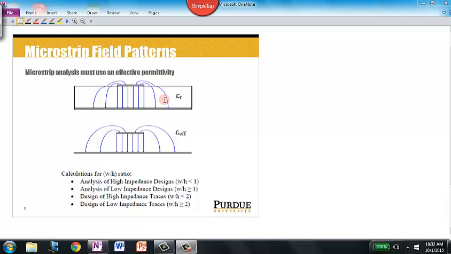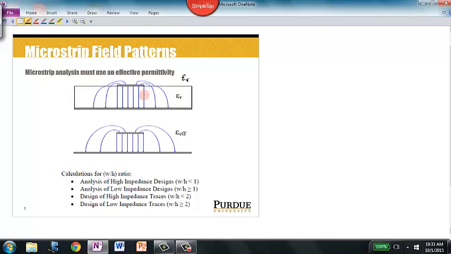This inhomogeneous dielectric means that the EM waves propagating in a microstrip transmission line aren't going to behave exactly as our earlier models predict, because we had always used a solid, continuous surface of dielectric material. Here we've got an electric field that sees two different dielectrics. There's an epsilon R for air here, and then there's an epsilon R for whatever the substrate material is.